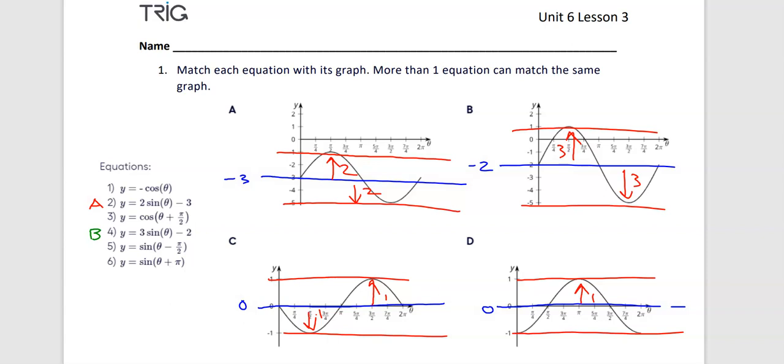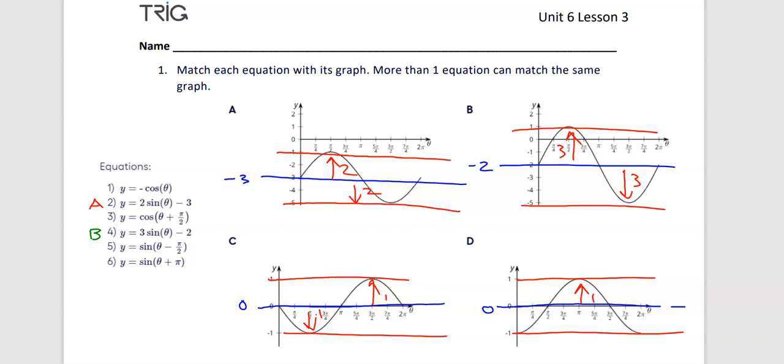So for the rest of them, we're looking at a sine graph or a cosine graph. So the next step is looking at whether C is sine or cosine, or both, and then go from there, using the information to figure out which of the equations fit.